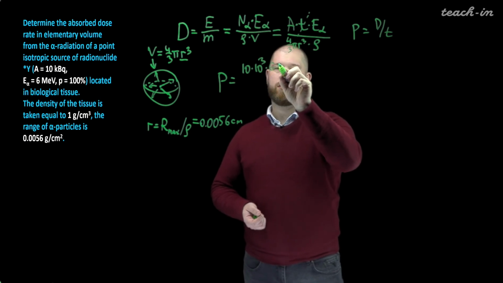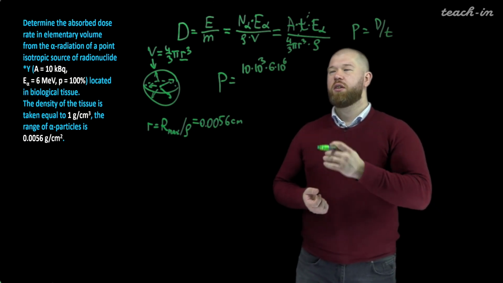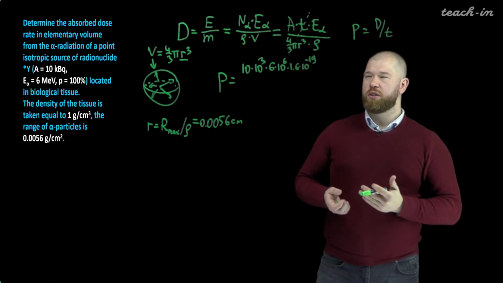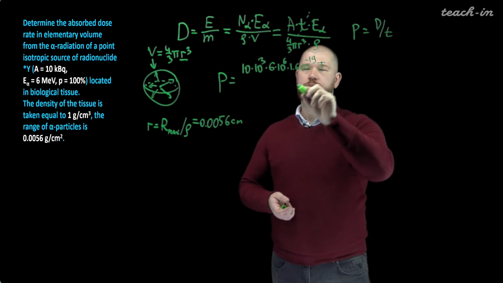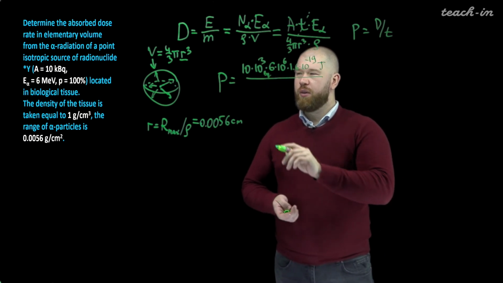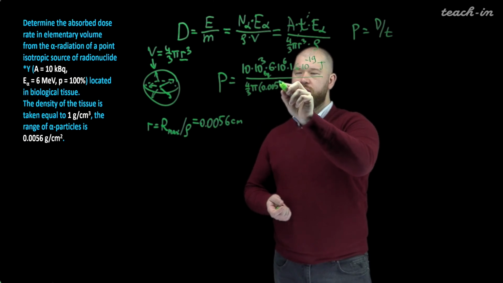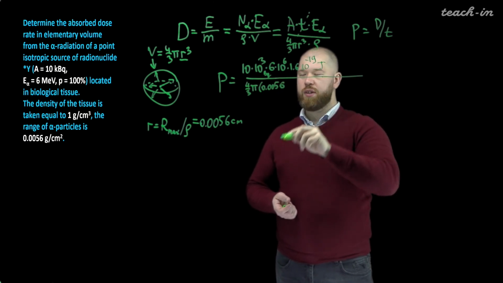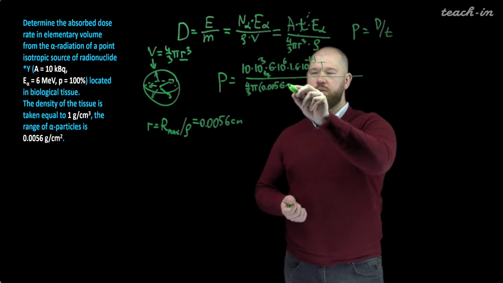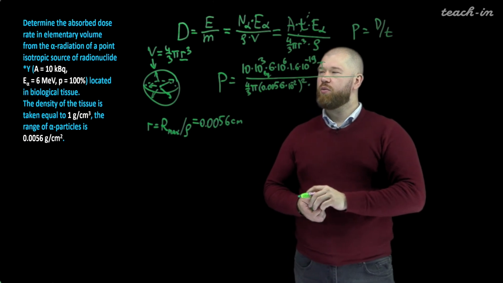Energy of alpha particles 6 × 10^6 electron volts, but we have to convert it to standard units in SI, so it is 1.6 × 10^-19, because 1 electron volt is equal to 1.6 × 10^-19 joule, so it is joule, and so it is becquerel, sorry, and divided by 4.4 times 0.0056 centimeters, we should convert to meters, again to the standard units, so it will be 10^-2 squared, and also it is the product of the density.